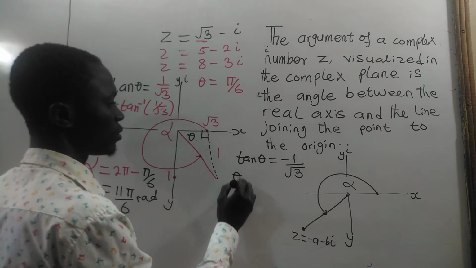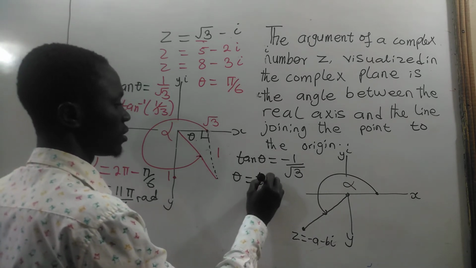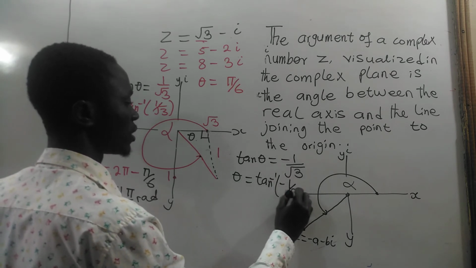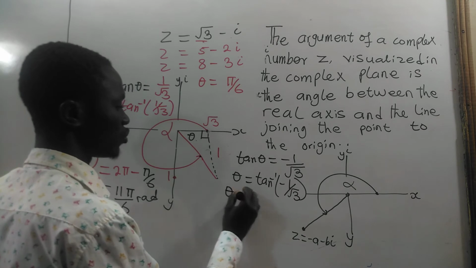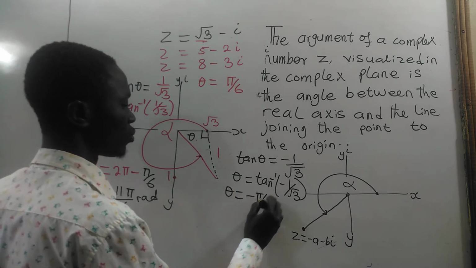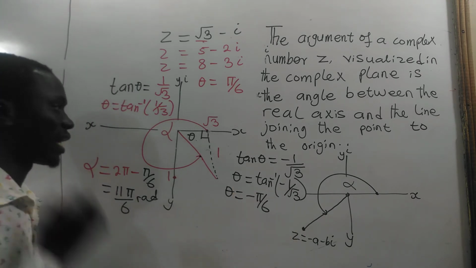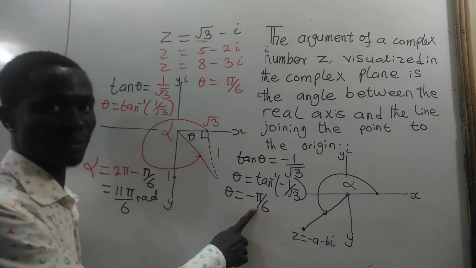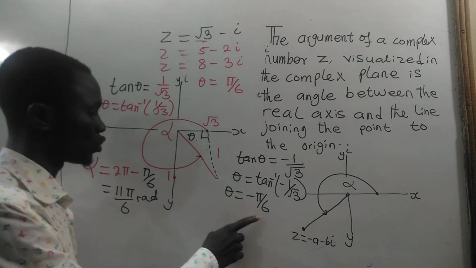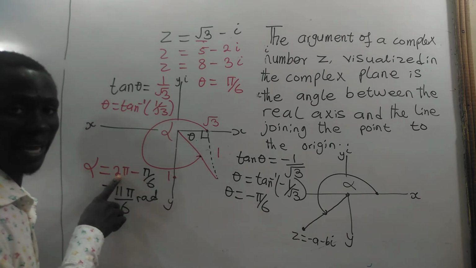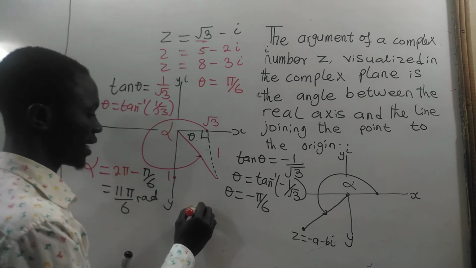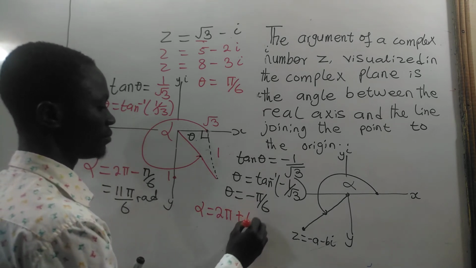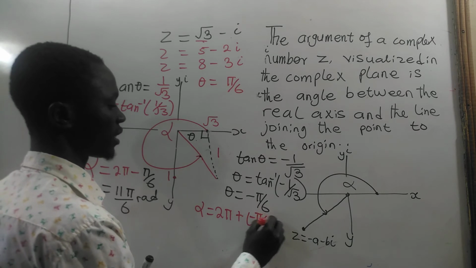And here theta is equal to the tangent inverse of -1 on root 3, and I have theta equal to -pi on 6. Now, if we look at this one, this is a negative angle. Very simple as that. So we are not going to subtract it from 2 pi, but we are going to write our alpha equal to 2 pi plus -pi on 6.